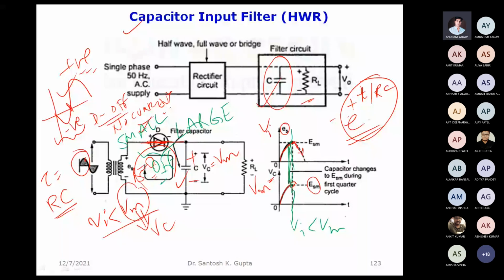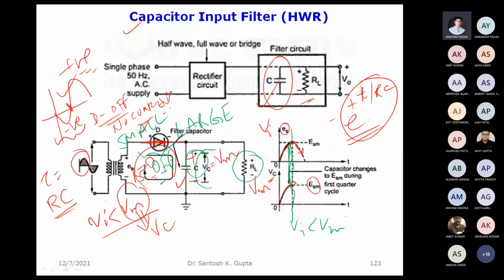What happens? The capacitor is charged to VM now, and the RL resistance is connected here. It was already connected, but because of the diode action, the capacitor was getting charged and was not discharging.